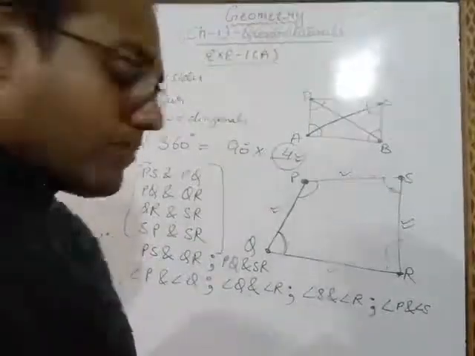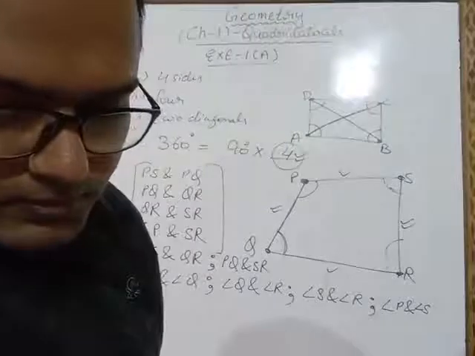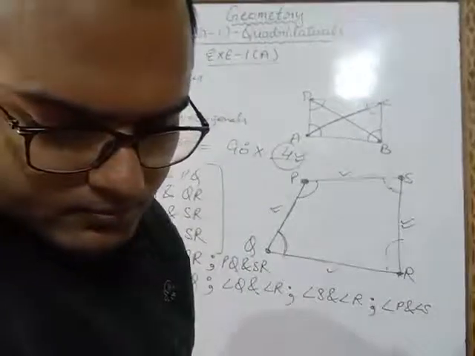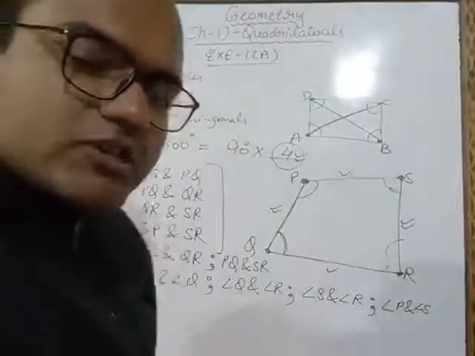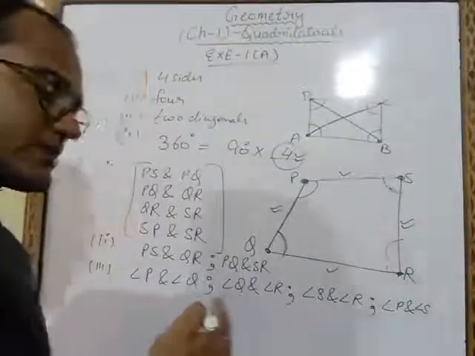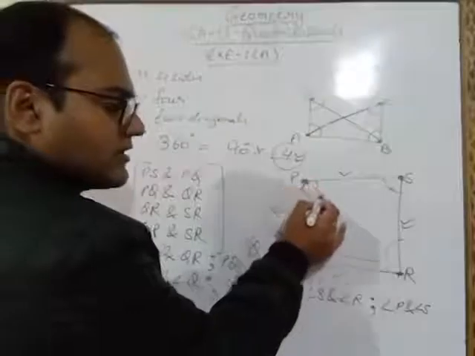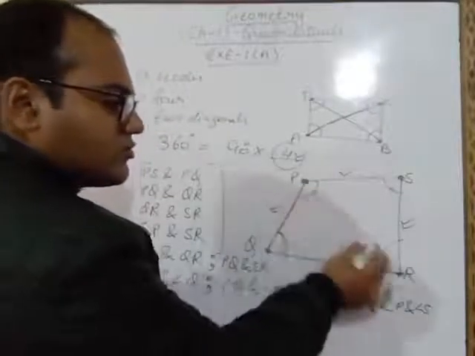Now part number four. Part number four is where you have to write the pairs of opposite angles. Opposite means those angles which are in front of each other. In front of P, if we look, we get angle R. So these two are opposite angles.